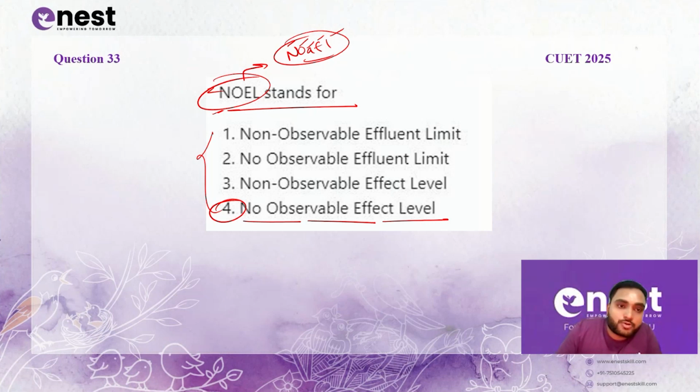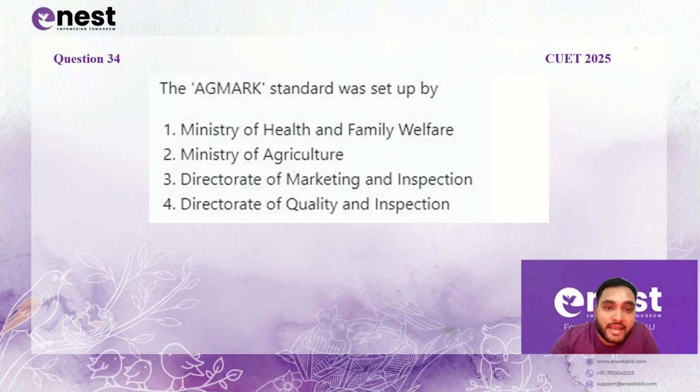Let's go to the next question, which was: the egg mark standard was set up by. This also we have discussed in the class when we were discussing the various food regulatory bodies and the various acts such as FPO, Fruit Products Order, then meat and milk products order, and various others related to that.